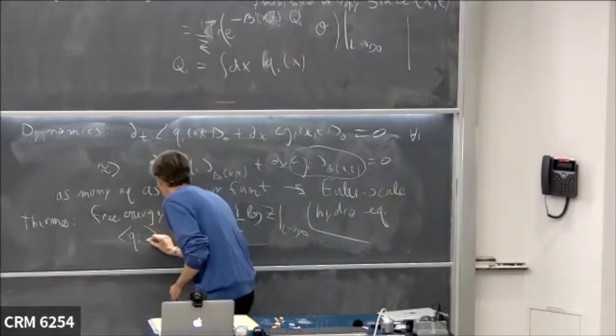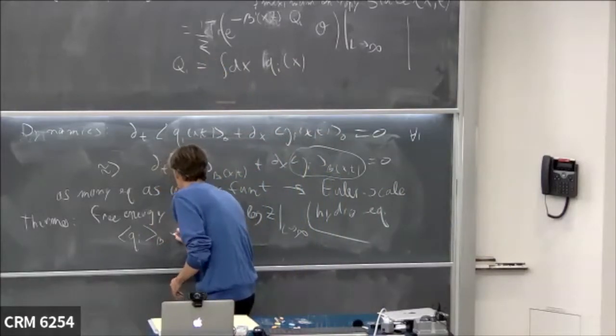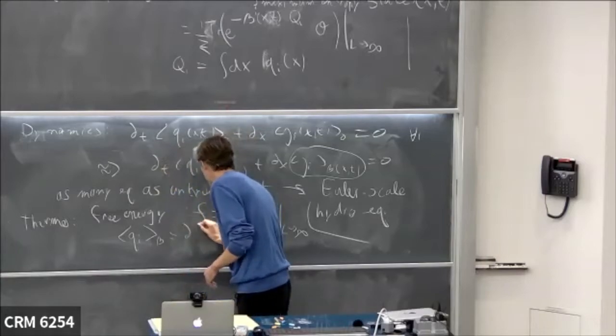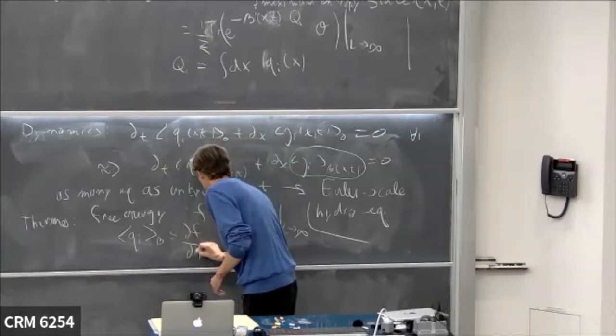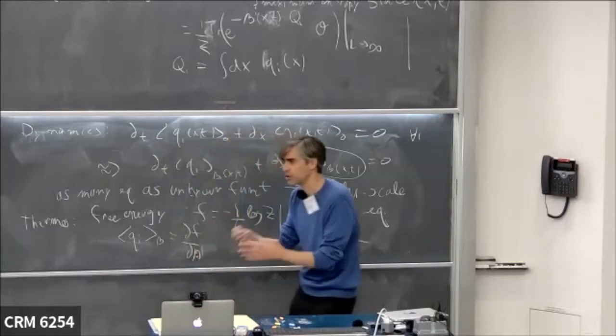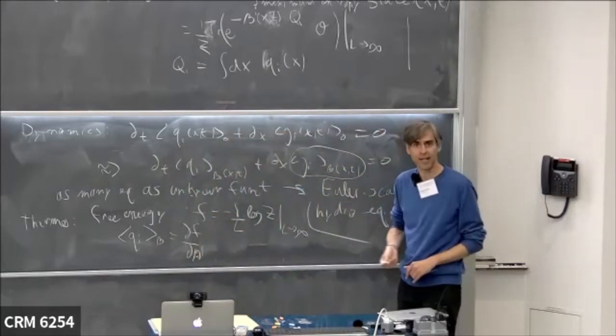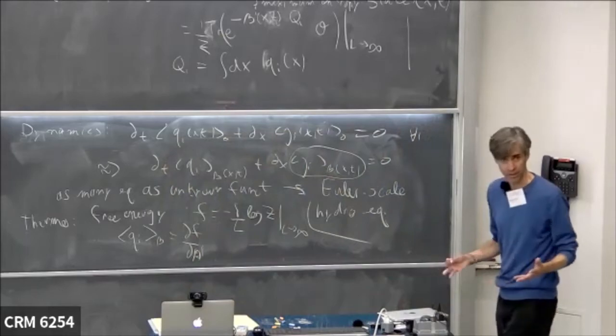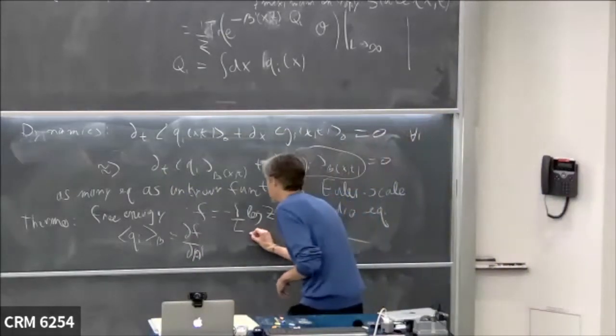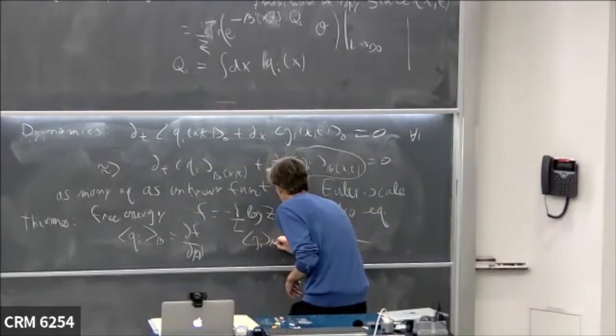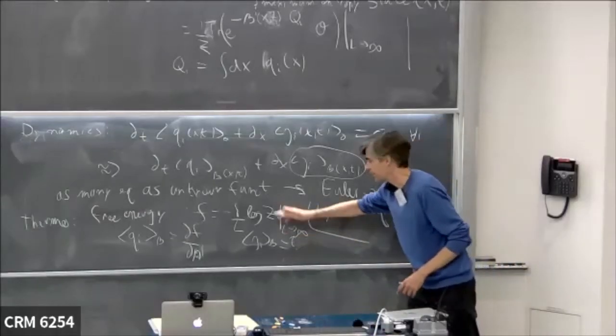So this Qi in this maximal entropy state is nothing else but the derivative of F with respect to beta i. So if you know the free energy in terms of all these betas, and sometimes you can calculate that, well, then you know all the average densities. Okay. But what about the Ji's? Well, you don't know.